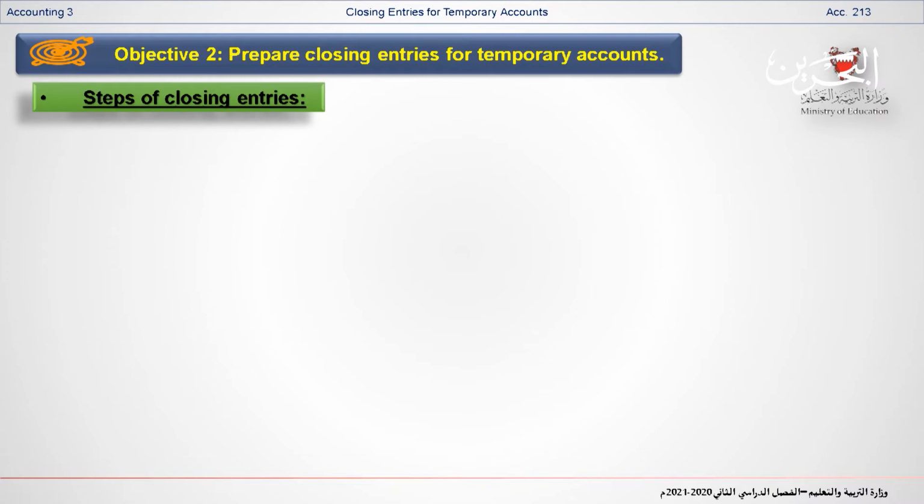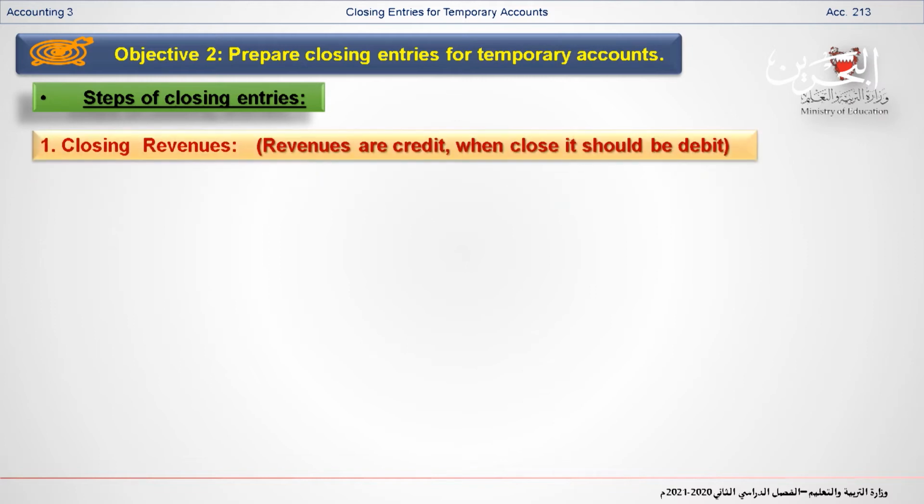There are four main steps of closing entries. 1. Closing revenues. 2. Closing expenses. 3. Transfer income summary balance to the capital account. 4. Closing drawings.